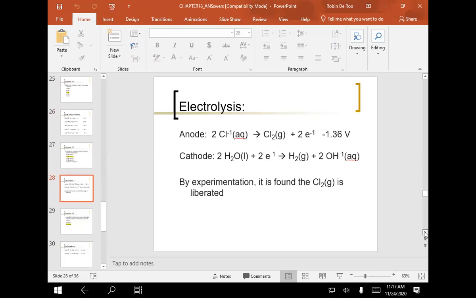So this was the idea of applying electrolysis. In this particular one, you would do an experiment and you would find chlorine gas, and that's how you would know what's happening at the anode.